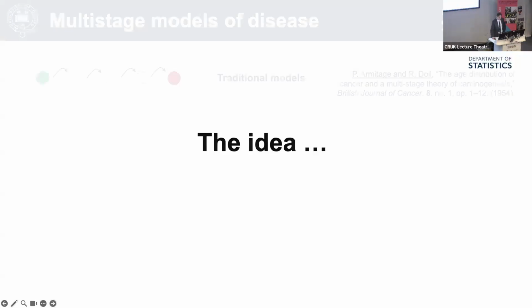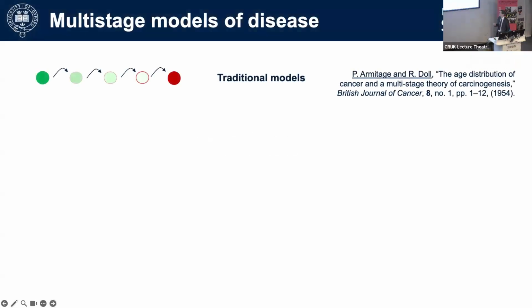So what is it? Well, as was mentioned, the basic idea is that cancer may arise through, say, a sequence of genetic mutations. You can have a few of these mutations and you'll remain perfectly healthy. It's not until that final stage has occurred and you've triggered the cancer that you've got a problem.